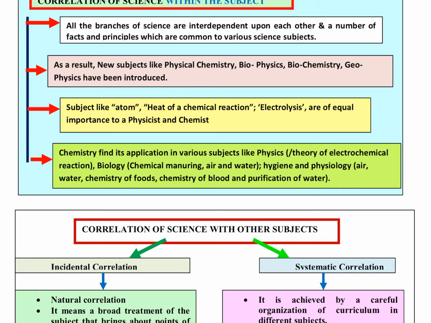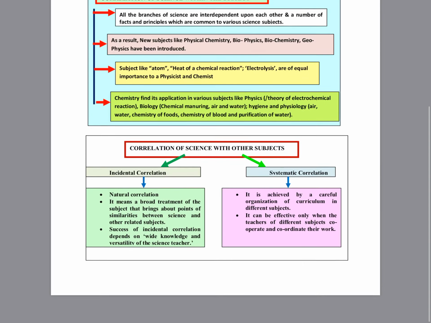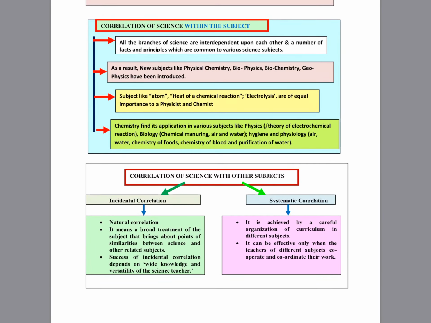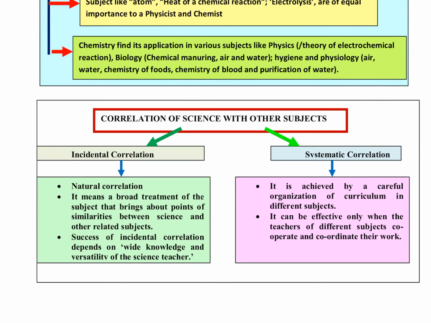Similarly, for chemistry of blood and purification of water, biological knowledge as well as knowledge from chemistry are equally essential. So the correlation is very important here. Without chemistry, we cannot understand the chemistry of blood. We cannot understand the total process of the purification of water also.